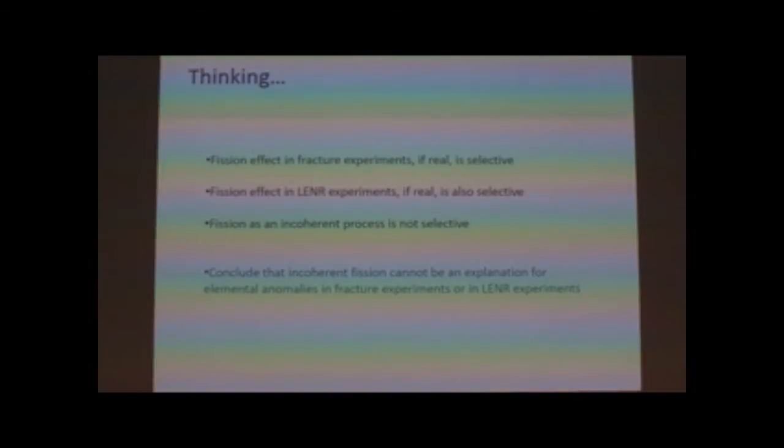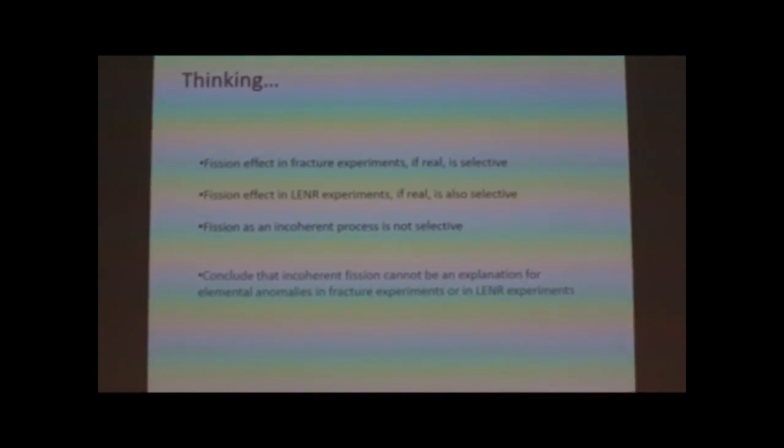Now, in my view, fission, if it's occurring in these fracture experiments, is selective. And fission in the LENR experiments, if real, and I've got the "if real" as my disclaimer, this is MIT, so I don't want the physicists to throw me out the window, so you have to be mealy-mouthed about it.